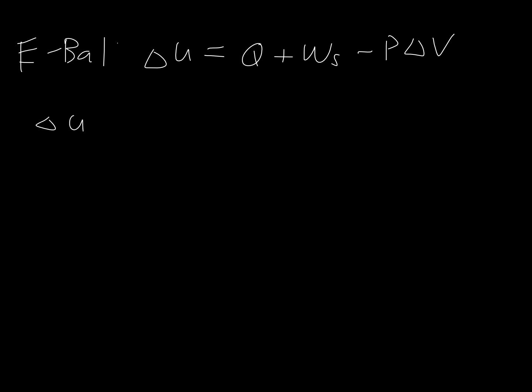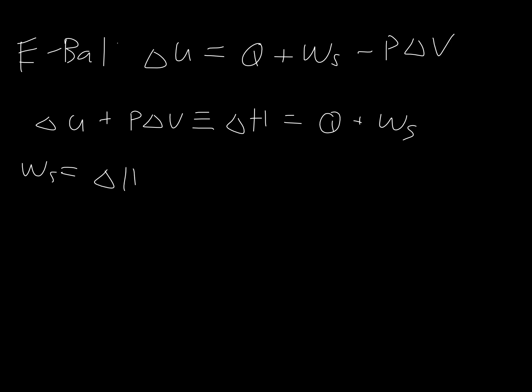Delta U plus P delta V is defined as delta H, equals Q plus W. W is equal to delta H minus Q.